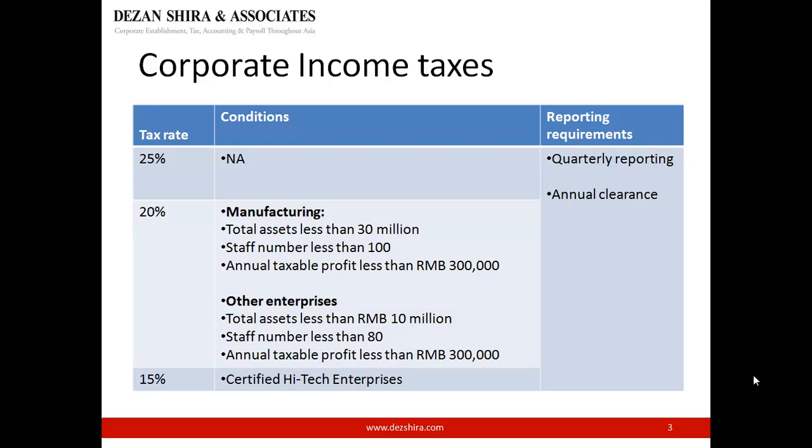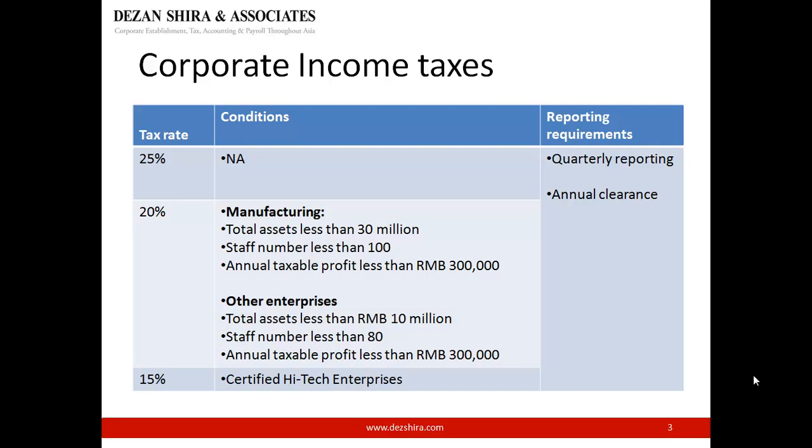The conditions for trading companies are 10 million assets, less than 80 staff, and less than 300,000 RMB profit annually. In these conditions, you will be defined as a small-sized company and enjoy 20% income tax.